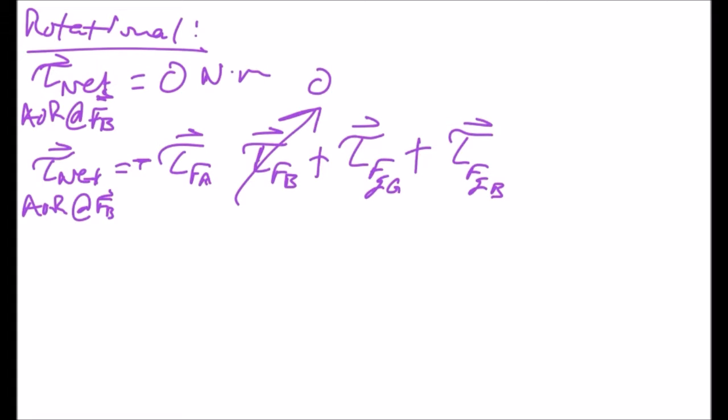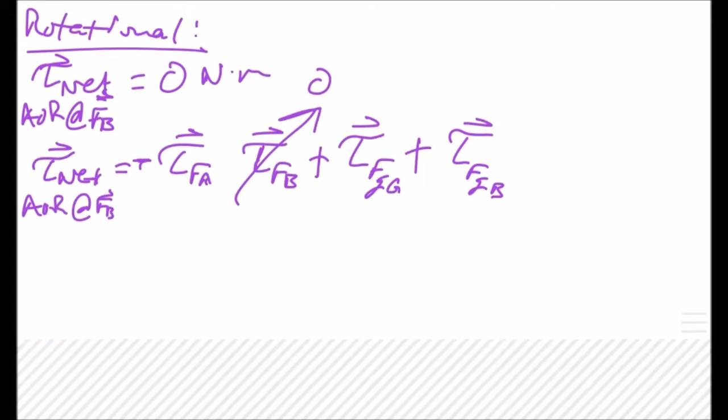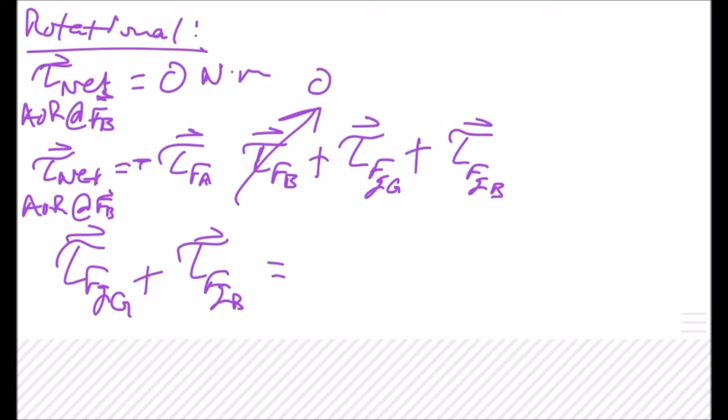Okay, so we're going to say that the torque caused by the force of gravity on the girl plus the torque caused by the force of gravity on the bench is equal to the torque caused by leg support A. All right, so at this stage, what are we going to do?